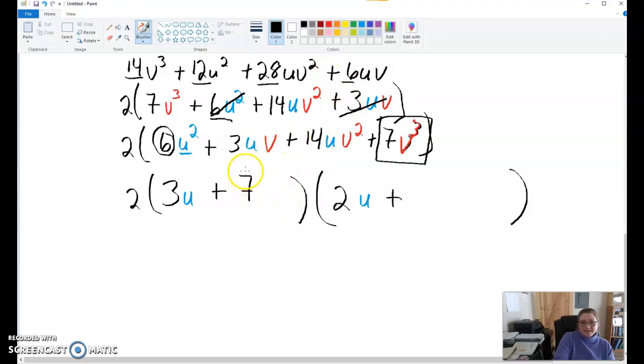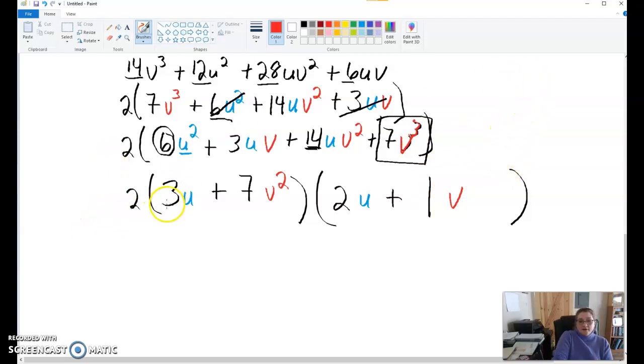And if I look, I can see that 7 times 2 gives me a 14. And I already have the u, so I'm going to go ahead and put my v squared here. And then I'm going to put my 1, and in order to get a v cubed, I need to have a v here. So now I want to look and see, does this work out?